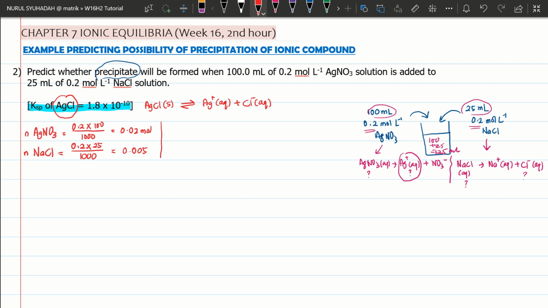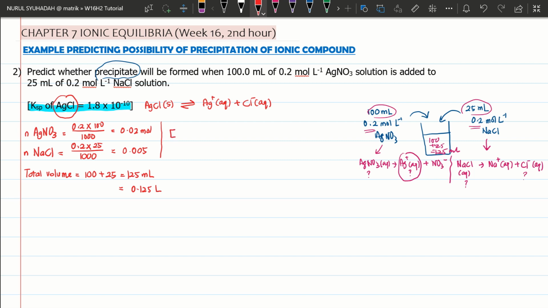So, volume baru kita, total volume sekarang adalah 100 tambah 25, which is 125 milliliter yang bersamaan dengan 0.125 liter.